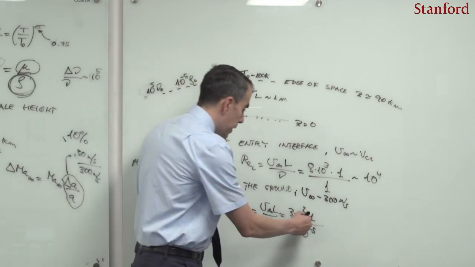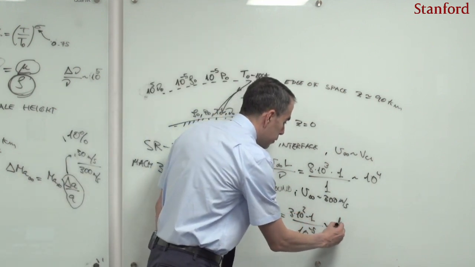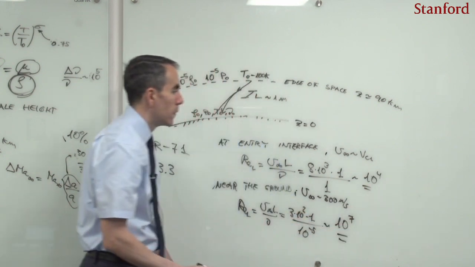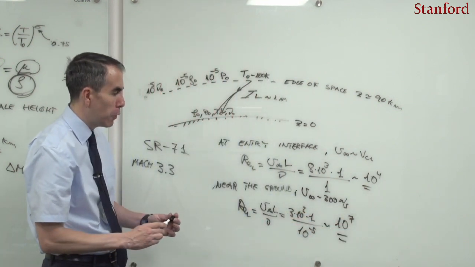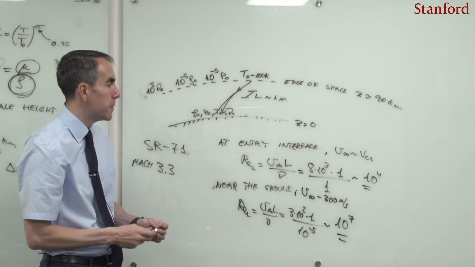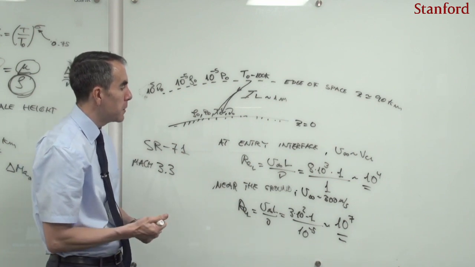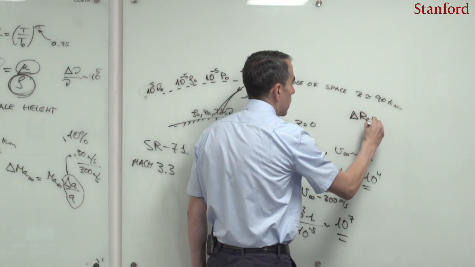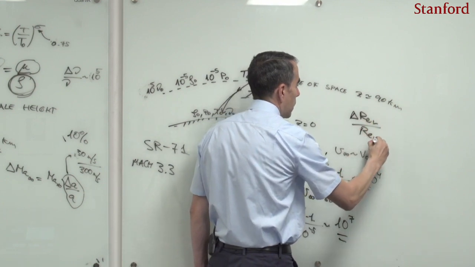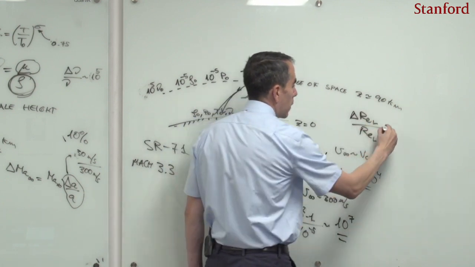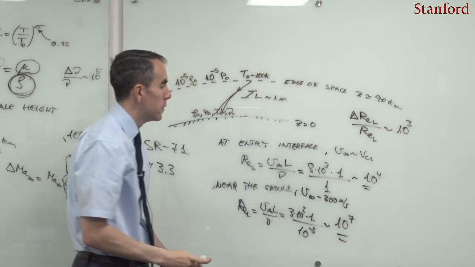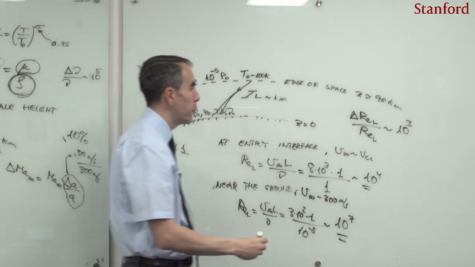So this number here now gives me a number of the order of 10 to the 7. So you see that there is a variation of almost 10 to the 3 in the Reynolds number, right? So relative variations in the Reynolds number across the re-entry path are typically of order 10 to the 3, 10 to the 4.